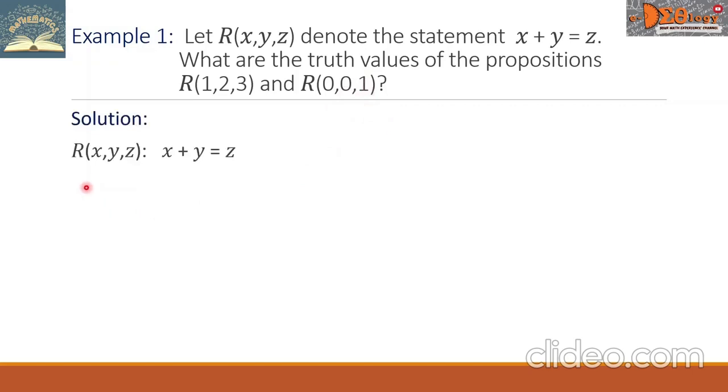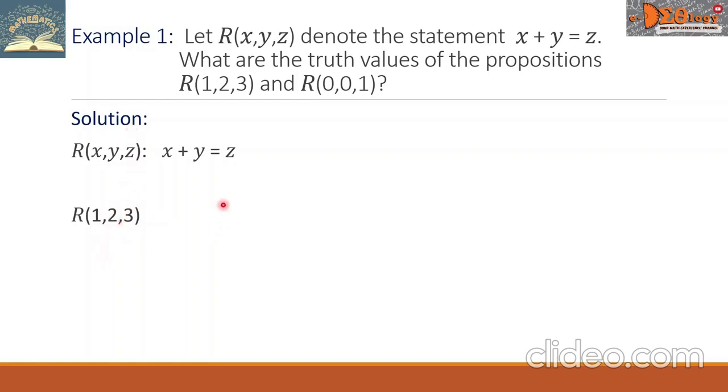Let us write the given, R of x, y, z, that is x plus y equals z. Now let's evaluate R of 1, 2, and 3. Remember, the number 1 corresponds to the x, the number 2 corresponds to the y, and the 3 corresponds to the z.